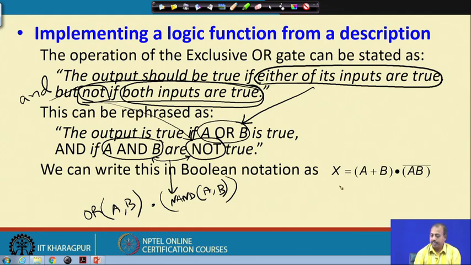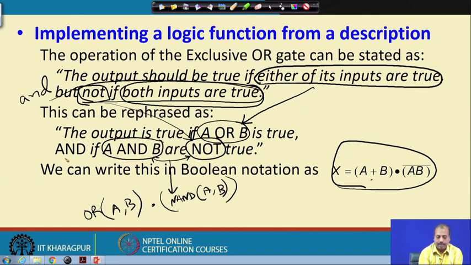So, we can write it like this. Here is what I have written: the first part is A or B, then this AND, and now I have got A and B not, which is basically this NAND gate.